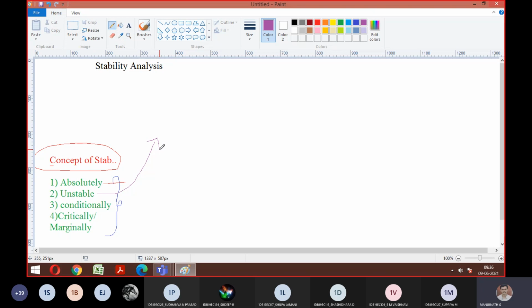Even though input is bounded, if your output is going to be unbounded, then we can conclude this is the concept of instability. Yes or no? Just now we went through the two conditions for stability. If we disqualify the two conditions, then I'm going to call it unstable. Correct? So condition number one was what? When the system has a bounded input, we treated it as having bounded output also. It is called stable. So even though your input is bounded, if there is unbounded output, then we are going to call it unstable.